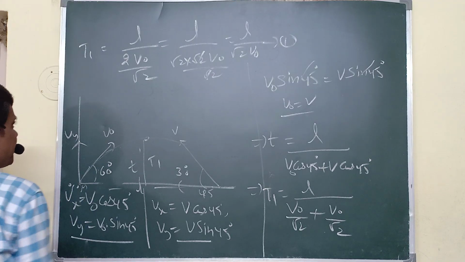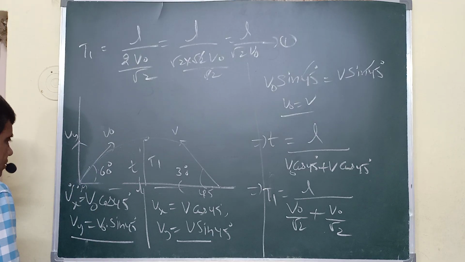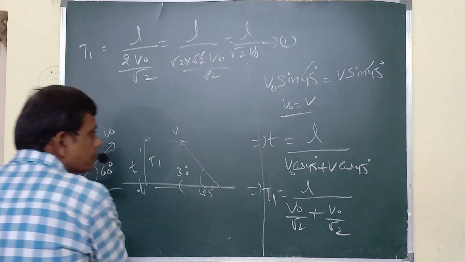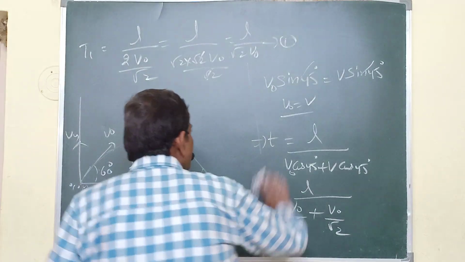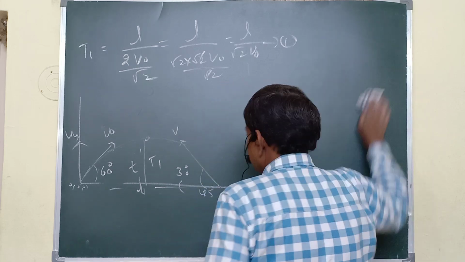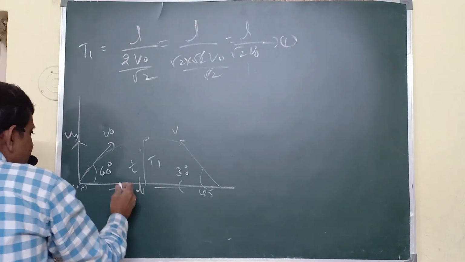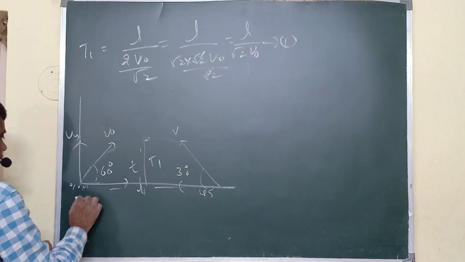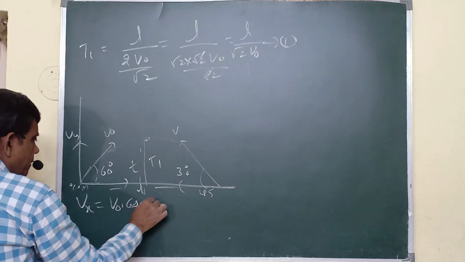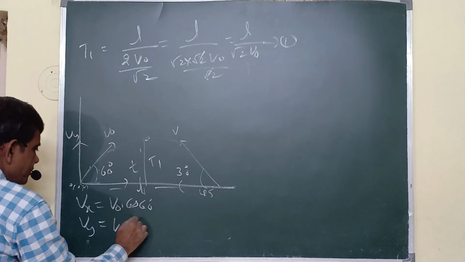So like that condition, again you take. Then what happens here? X component. Now this is V naught. So the x component Vx is V naught cos 60, and Vy is V naught sin 60.